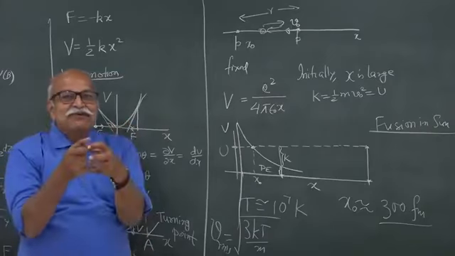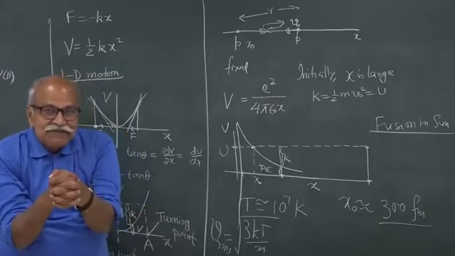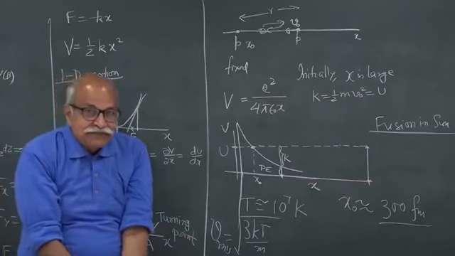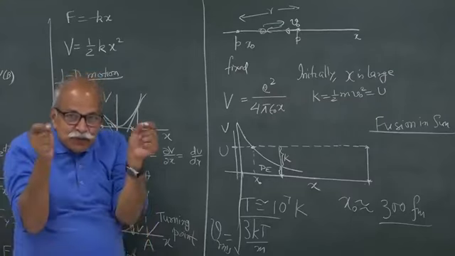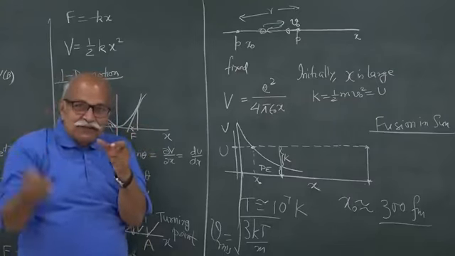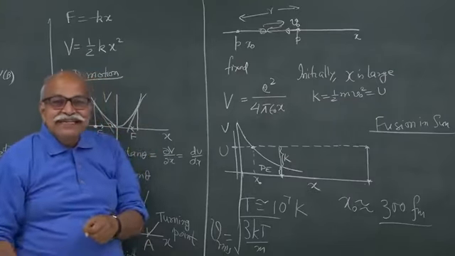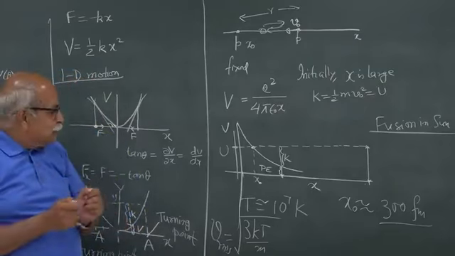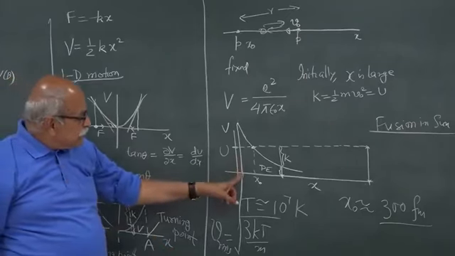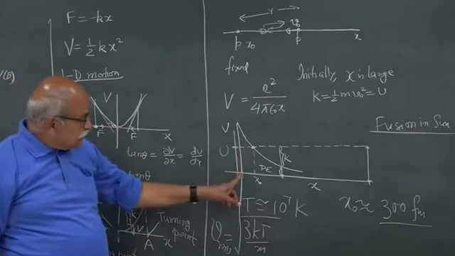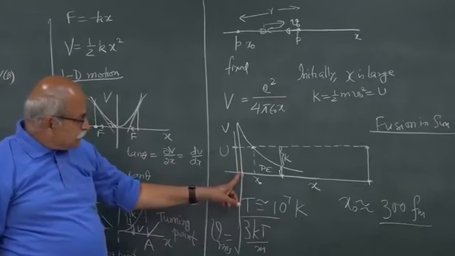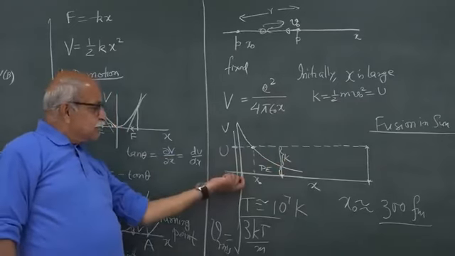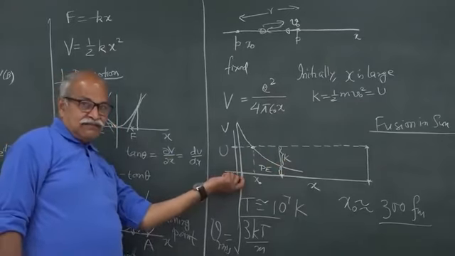So, if proton and proton are to fuse, if a fusion reaction is to take place in the core of the sun, the first thing is that 2 protons should fuse, and after that more protons will add to make a helium nucleus. But at the first stage, where proton and proton have to fuse, they must come closer to this separation. So, it must reach somewhere here, but x naught is 300 femtometers and this is 1 or 2 or 3 femtometers.